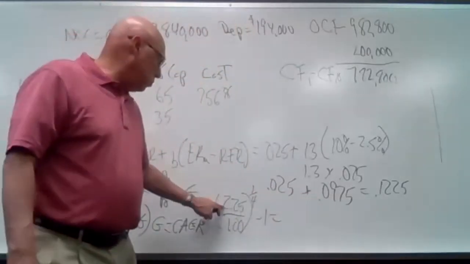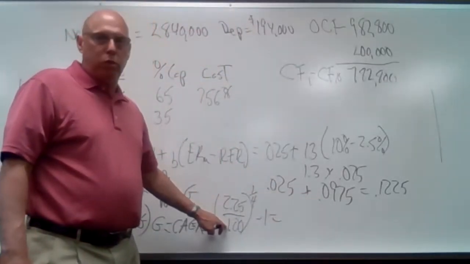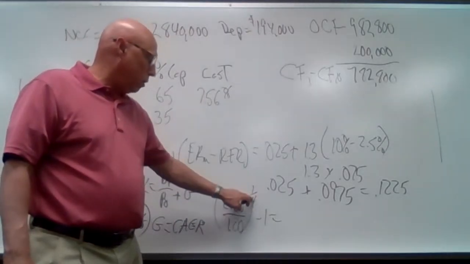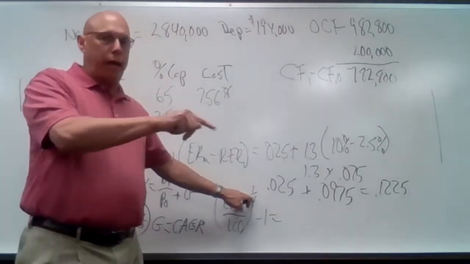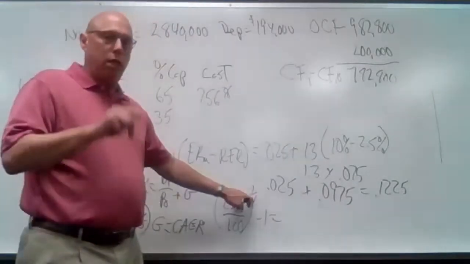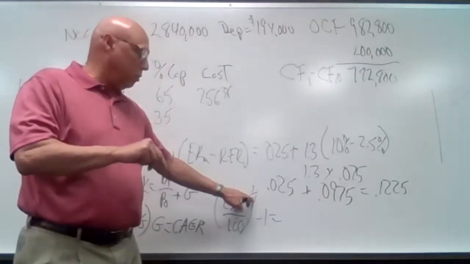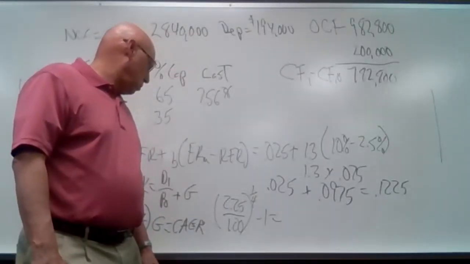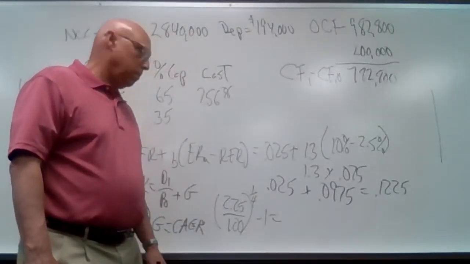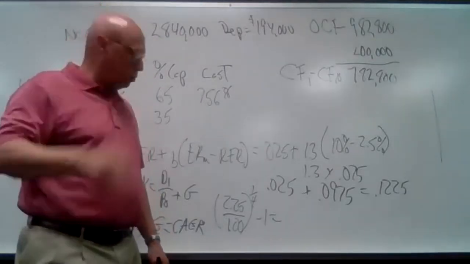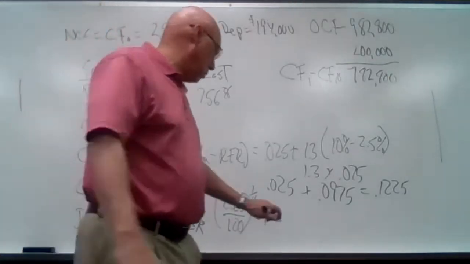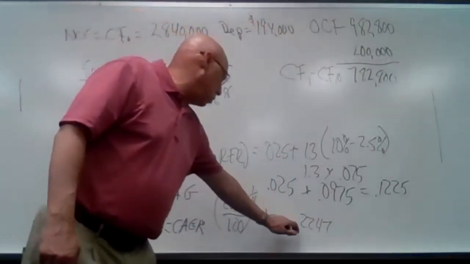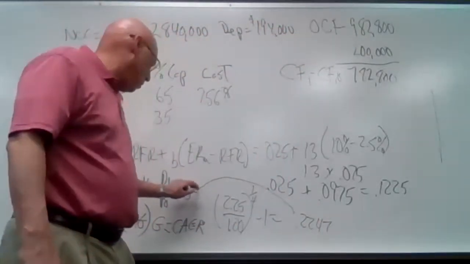So 2.25 divided by $1 equals, y^x, 4, 1 over x key, then equals, then minus 1. And what's the CAGR? What's your CAGR? 0.2247. 0.2247 is your CAGR. So that number is going to go right there.